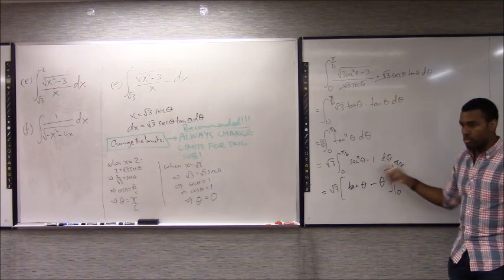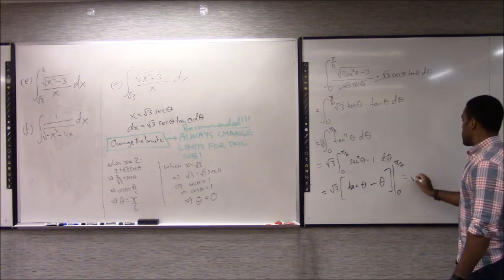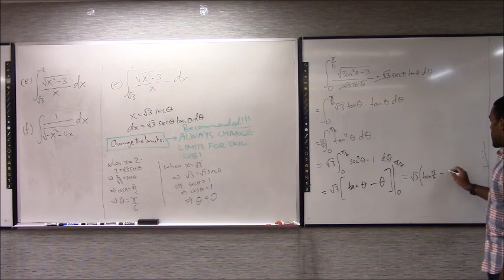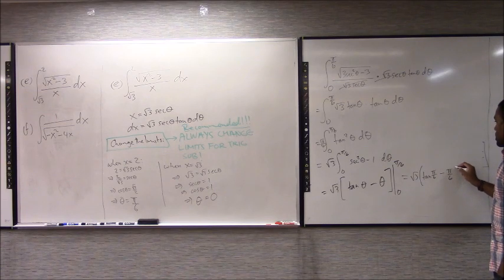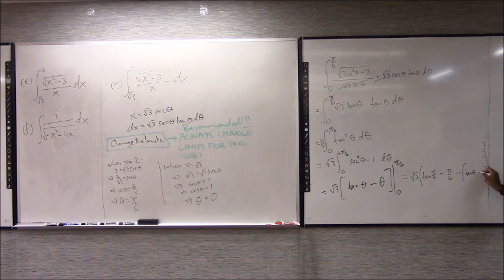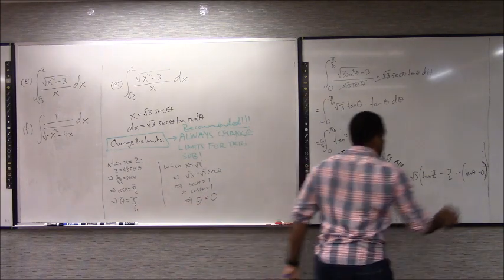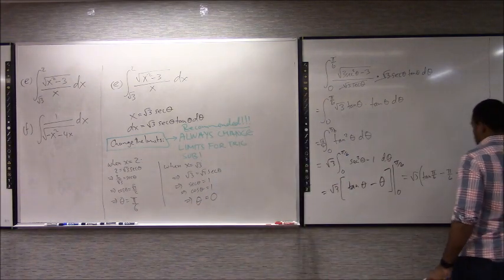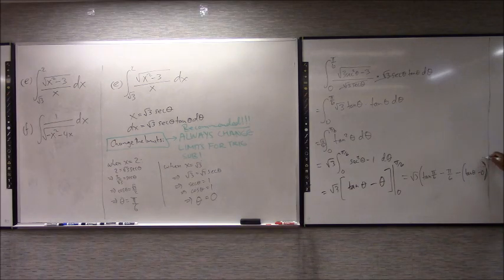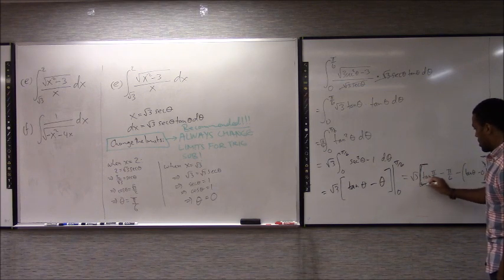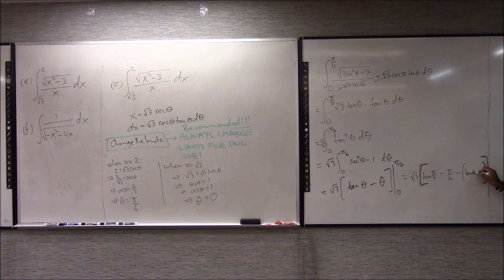So I can directly plug in the pi over 6. It's going to be radical 3 times tangent of pi over 6 minus pi over 6, minus the quantity tangent of 0 minus 0.